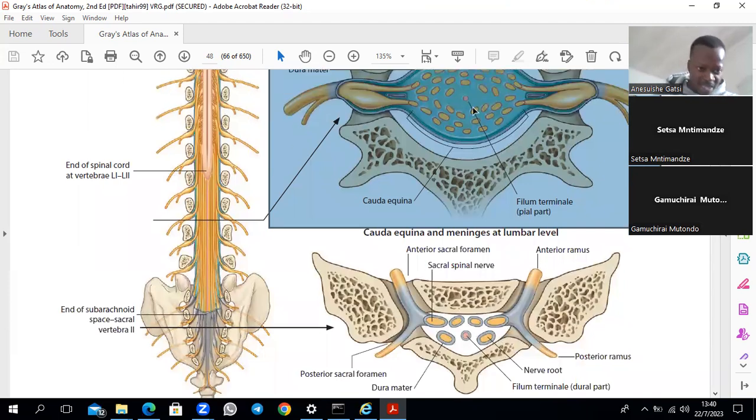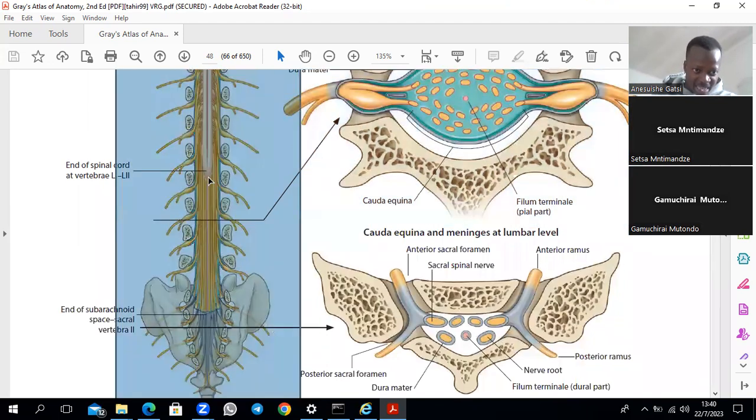Right, if you look at this here, at the center there's this sort of purplish strand that is going all the way down to attach to the coccyx. That's what we call the filum terminale. So pia mater ends where the spinal cord ends, right?